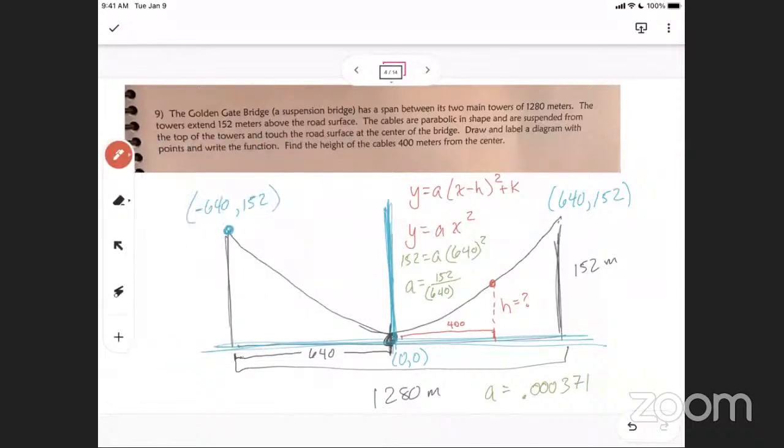So now I can plug that back into this red equation up here. Now that I know what A is, I can plug that in. I'm kind of running out of space, so I'll do it on the left side here. Y equals 0.000371 X squared.